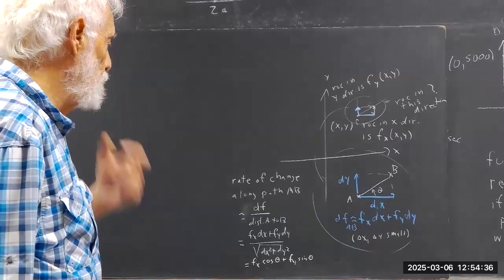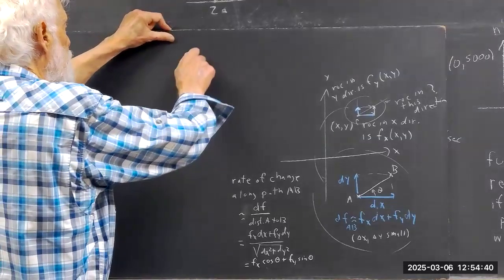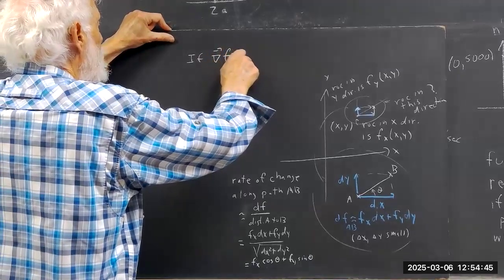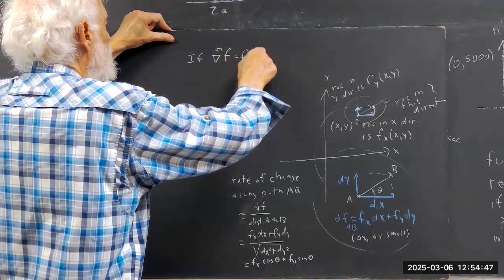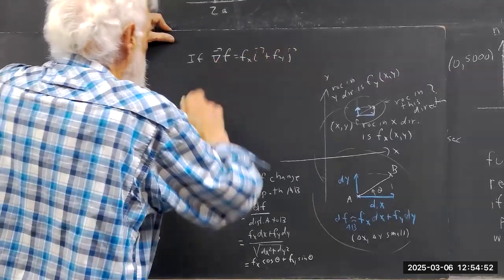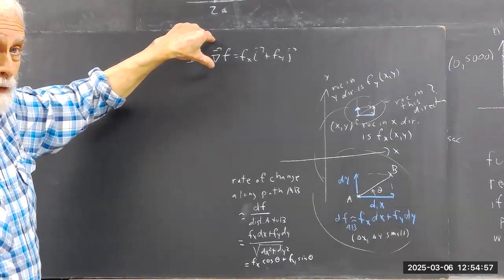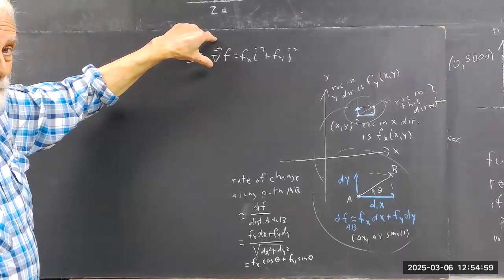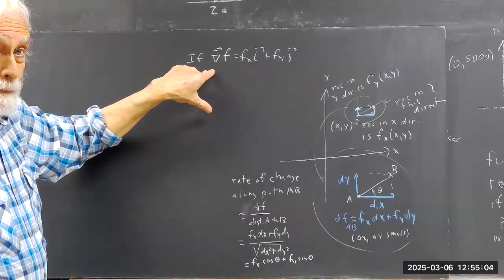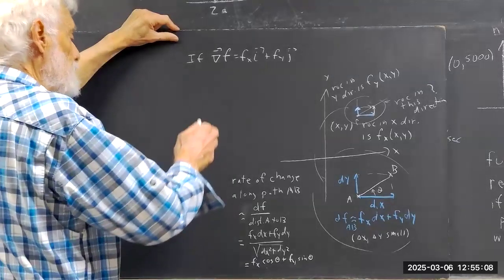Now there's another way to represent this. Del F, an upside down delta with an arrow over it, is called the gradient. It's a gradient operator. The del operator gives you a gradient. It does other things sometimes too.